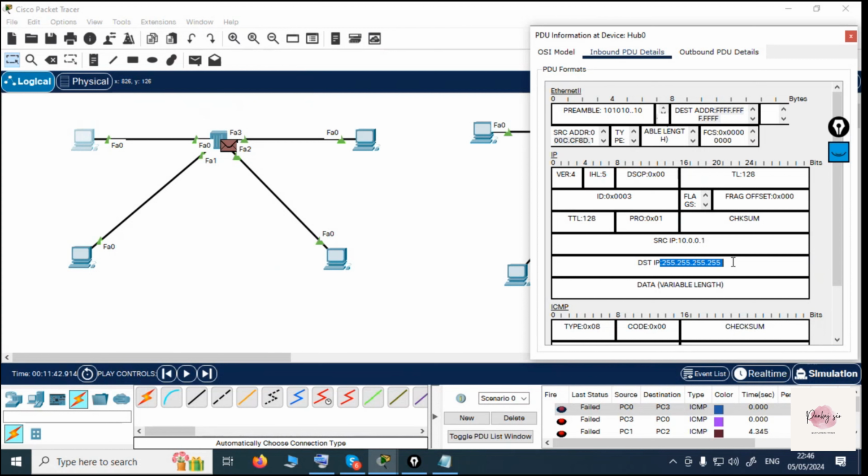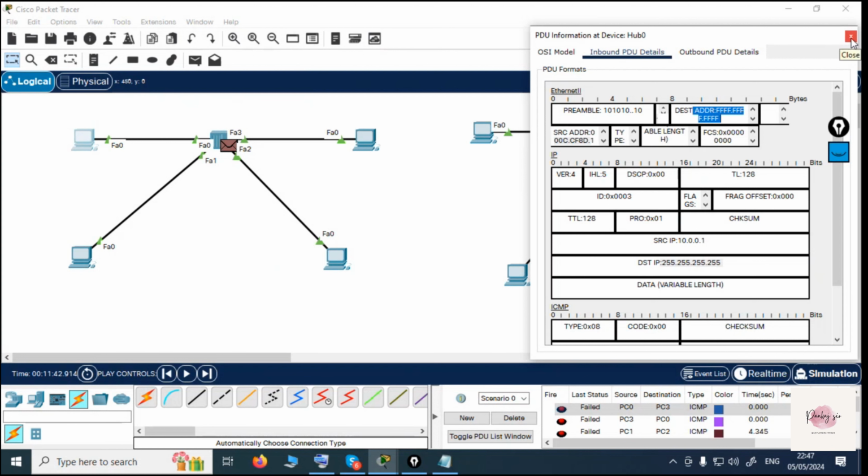All the devices are part of this broadcast address, so this PC cannot write the MAC address of all these individual PCs in the destination MAC address in Ethernet format. So it just wrote FFFF. That means it is meant for everyone, all the devices.